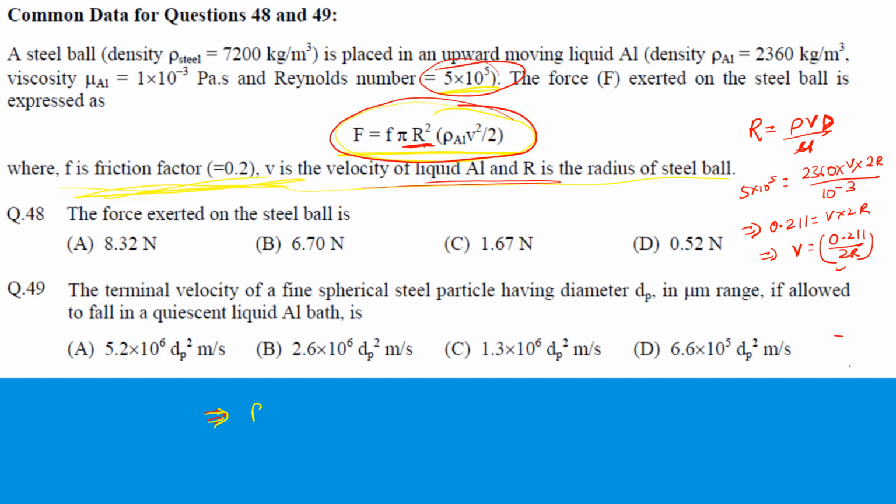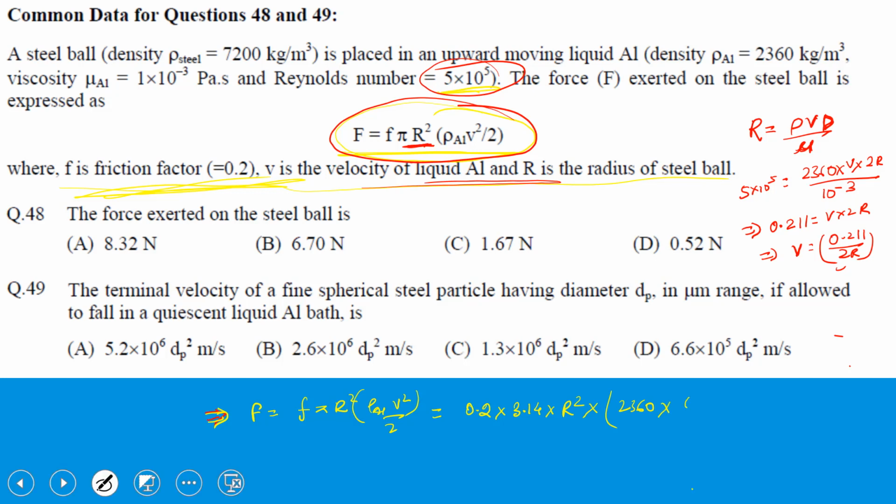So this implies F equal to small f by R square rho Al V square by 2. So small f is equal to 0.2 into 3.14 into R square. So let it be R square rho Al. So it is 2360 into velocity.